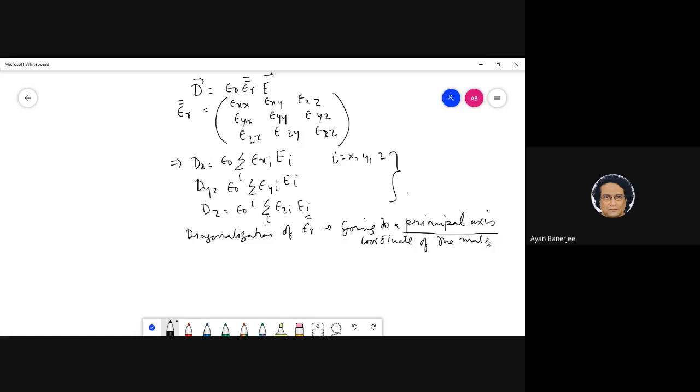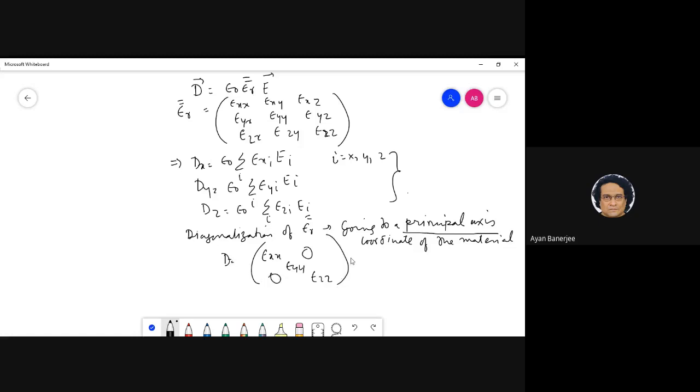This is again something that we are going to look at. So in that case you just have epsilon xx, epsilon yy, epsilon zz, and you have nothing here.